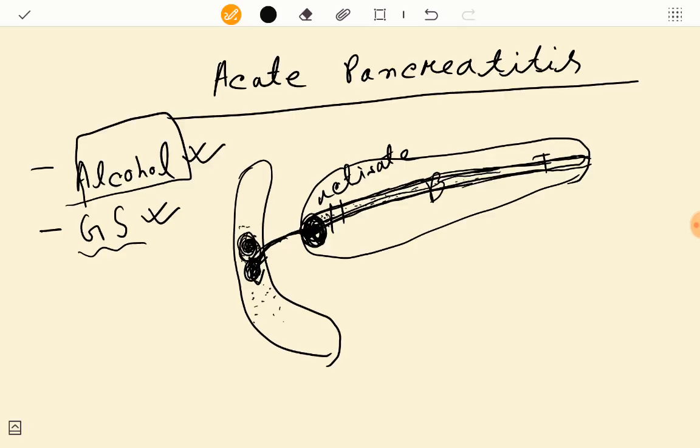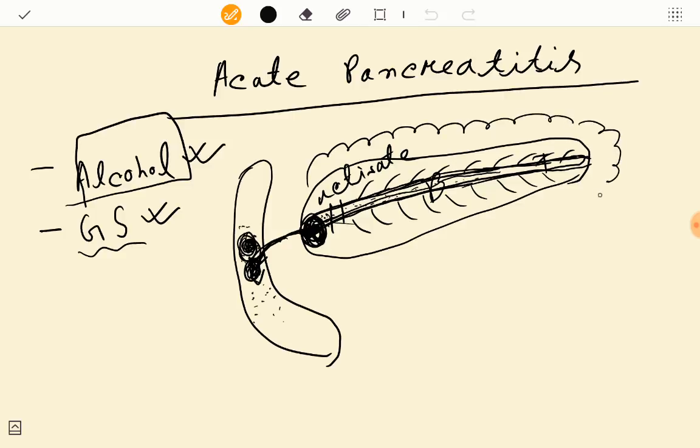This premature activation of the enzyme will digest the pancreas itself, in the central part of the pancreas. Just look here, they digest the pancreas. And always remember, this is the central part of the pancreas, and there is a peripheral part which is full of fat deposition.